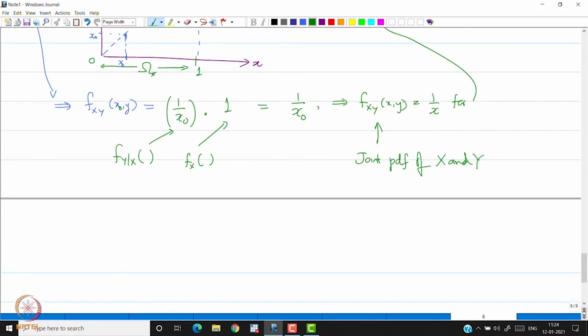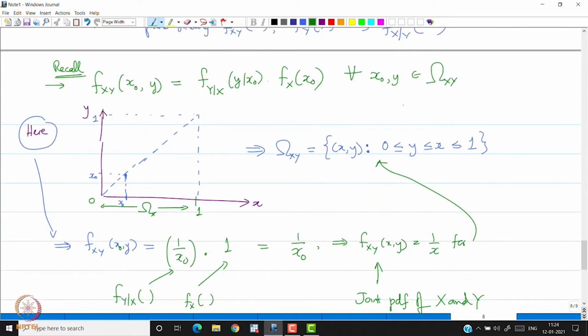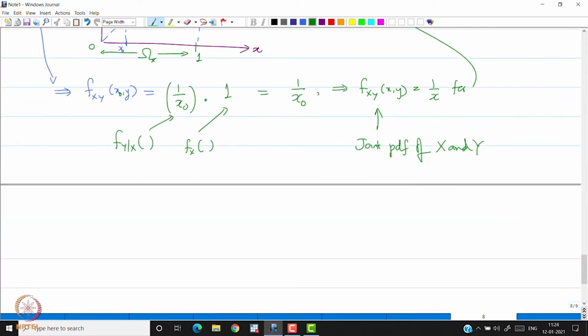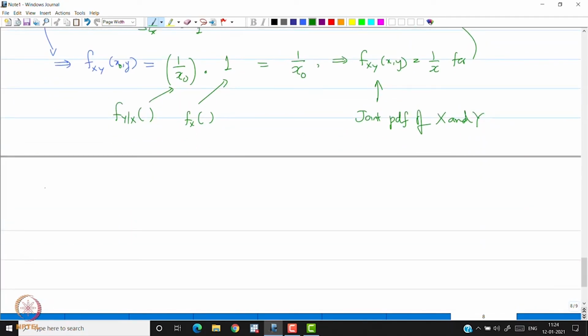Having done this, we will next identify the marginal PDF. What is the marginal PDF of y in this case? That's what we need, right?